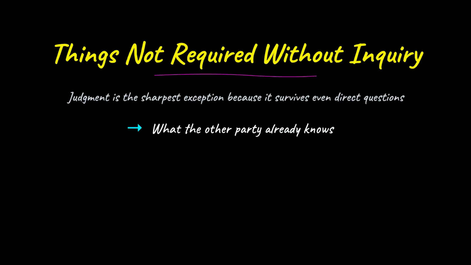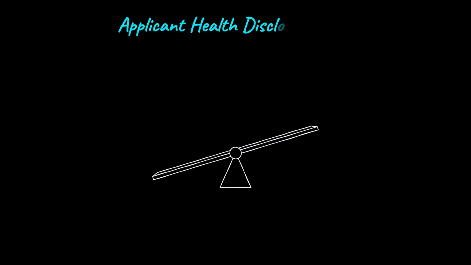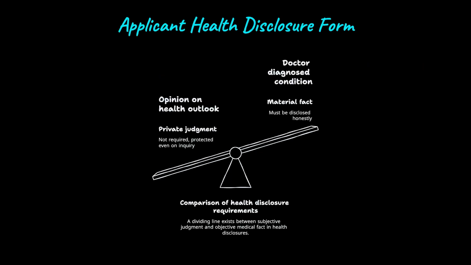This exception sits inside a larger scheme of things neither party must disclose absent inquiry. What the other already knows, what they ought to know, matters they waive, and matters of law presume known equally, but judgment alone survives even a direct question. Picture a form asking an applicant's thoughts on their overall health outlook.